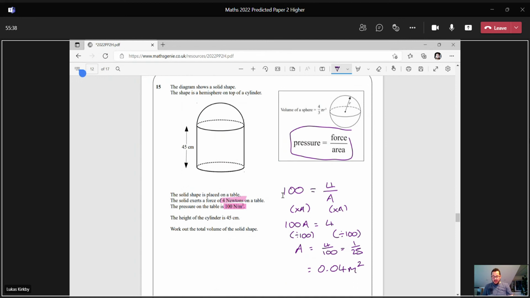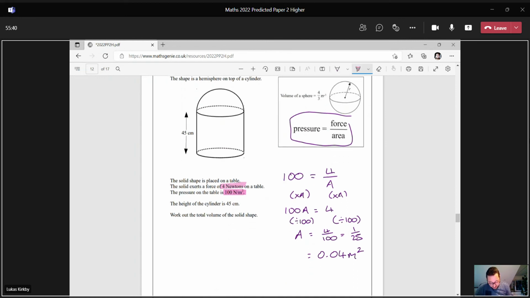Okay, now the next thing we're noticing is that this height is in centimeters and this is in meters. So I want to get them on the same units, and I'm going to use centimeters just because I don't want to have to deal with decimals. We know that 1 meter is 100 centimeters, but we're dealing with meters squared, so we square both sides. 1 squared is 1, so 1 meter squared is 100 times 100, which is just 10,000 centimeters squared.